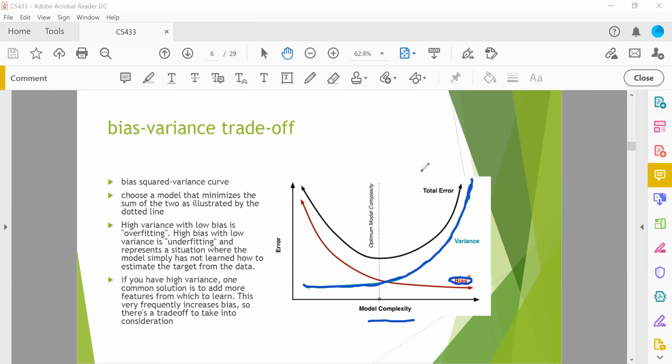You remember previously we said, if you use a super polynomial model to fit, because what are you trying to do with your model?